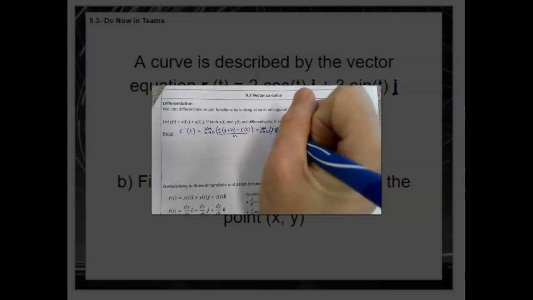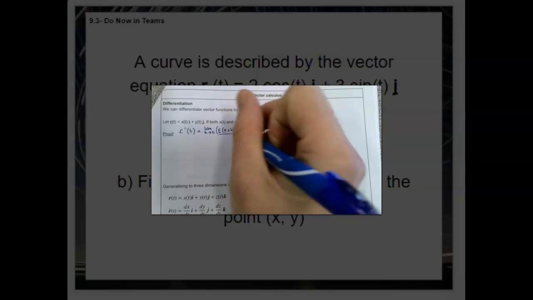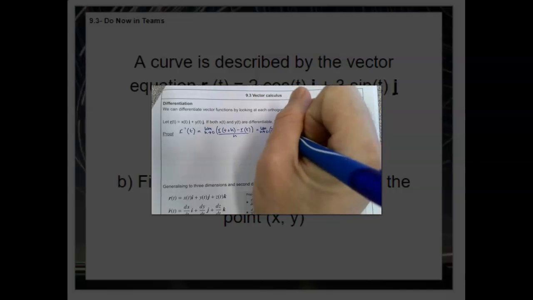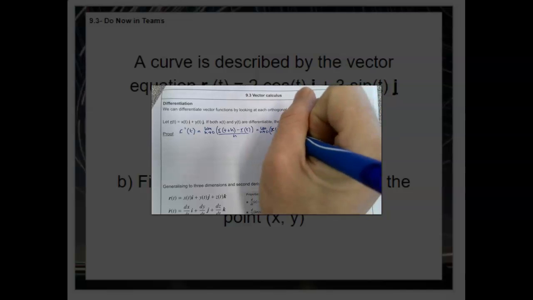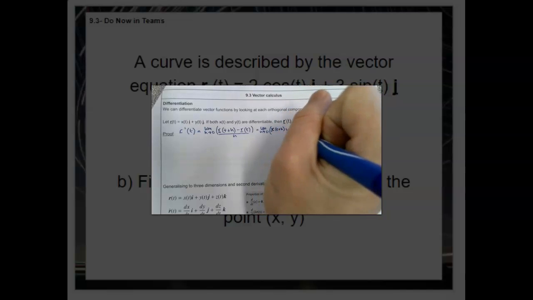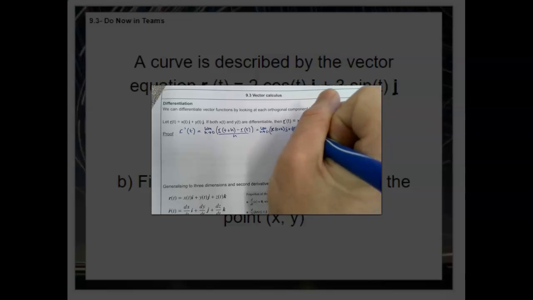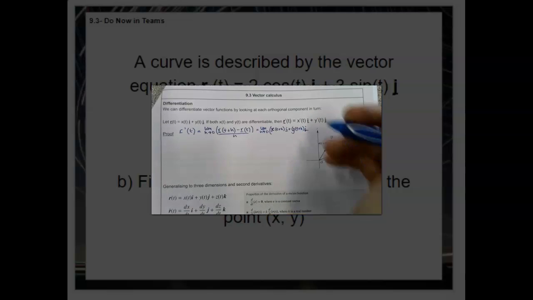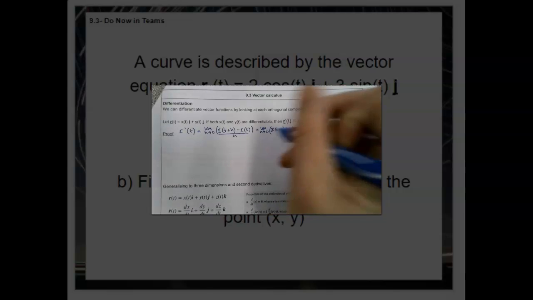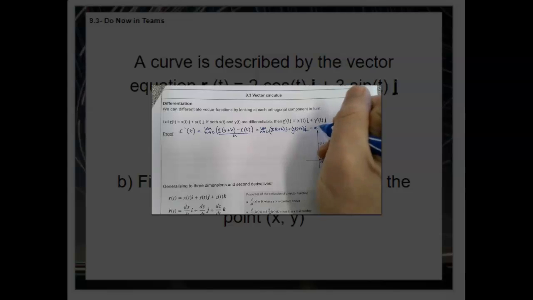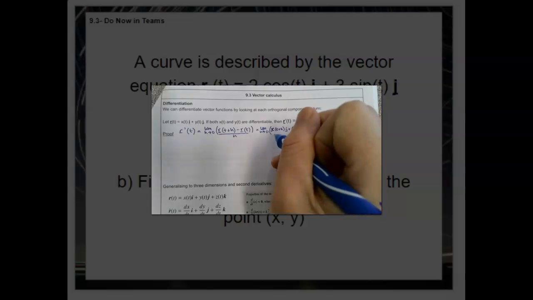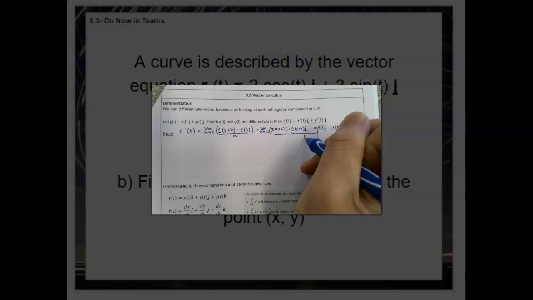So r of t plus h would be x of t plus h i plus y of t plus h j, then minus, for the r of t, x of t i minus y of t j. And that's the limit of that as h tends to 0.